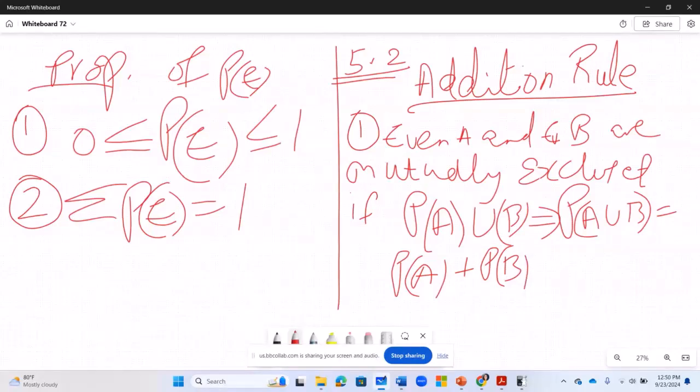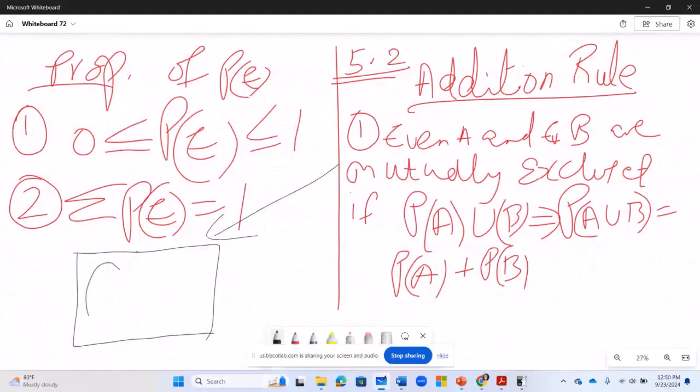If the events are mutually exclusive, they cannot intersect. So I will use what is called a Venn diagram to explain the addition rule. I can draw that Venn diagram here. We remember a Venn diagram: this is the universal set.